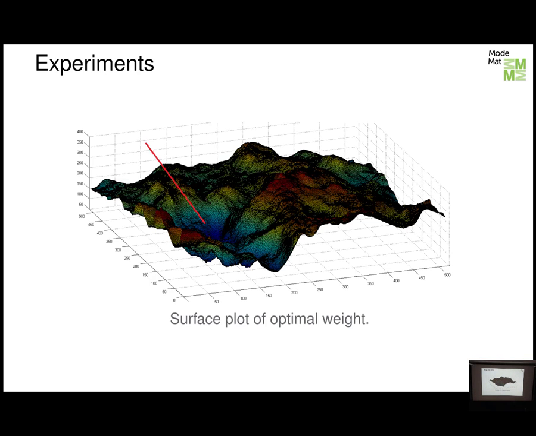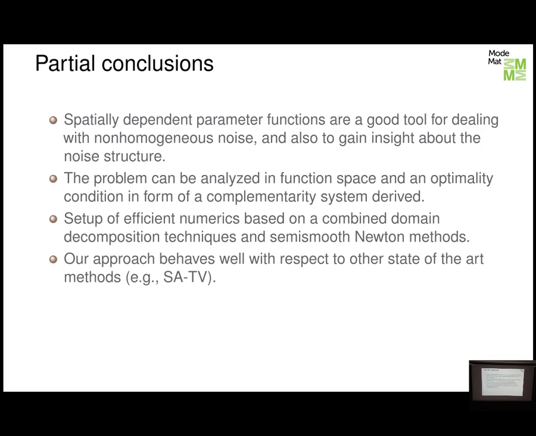This is a surface plot of the optimal weight, and as partial conclusions of this part, what we could do was solve the spatially dependent problem, and this is important to get a sense of what the non-homogeneous noise is about. But you can also learn how the noise model is.